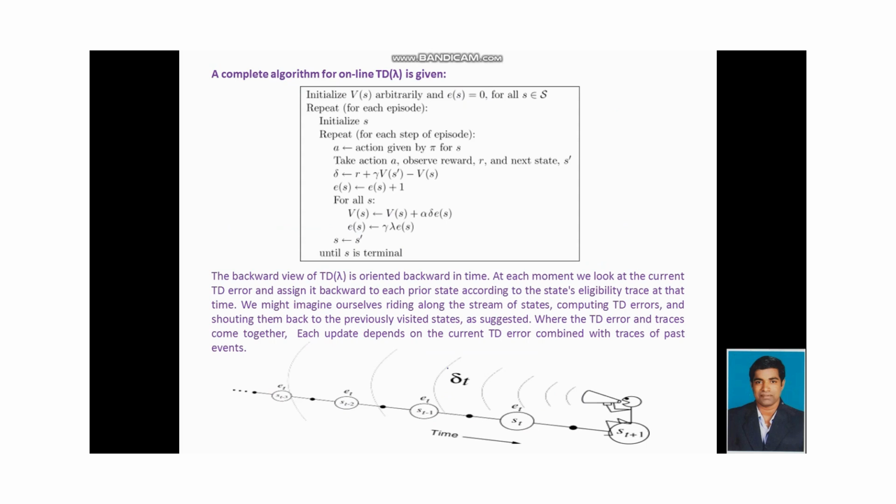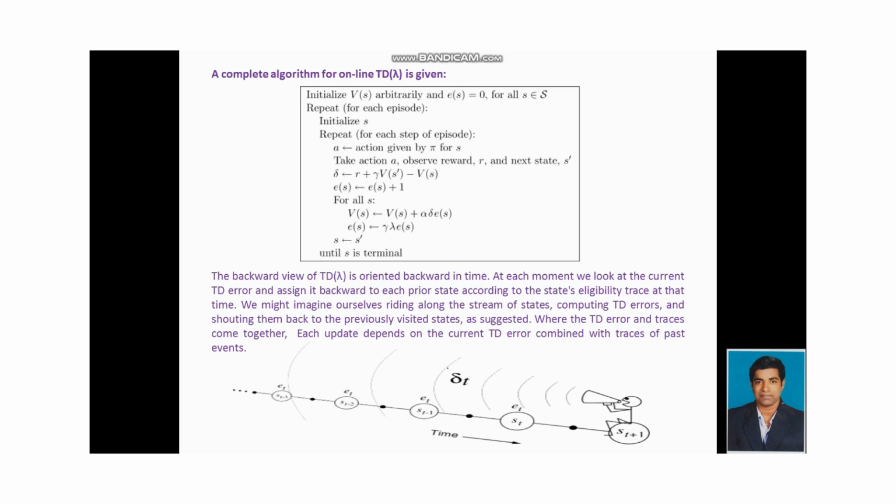Take action A given by the policy π for state S, and observe the reward R and the next state S'. Then the TD error is δ = R + γ V(S') − V(S). The eligibility trace is updated as E(S) = E(S) + 1.